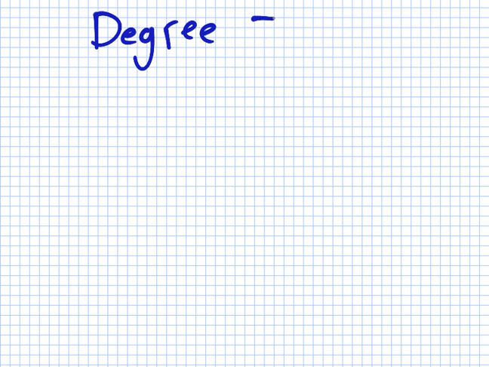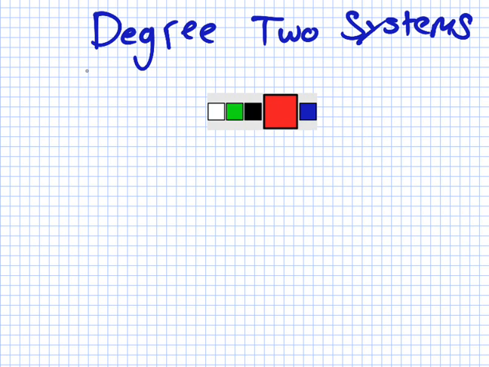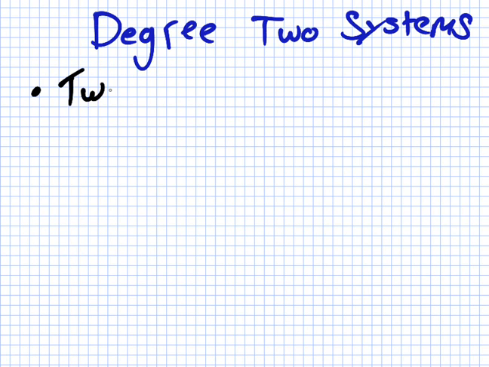Simultaneous. It's the same thing, very good. So degree 2 systems, what are they? A simple way to explain it is two linear equations.